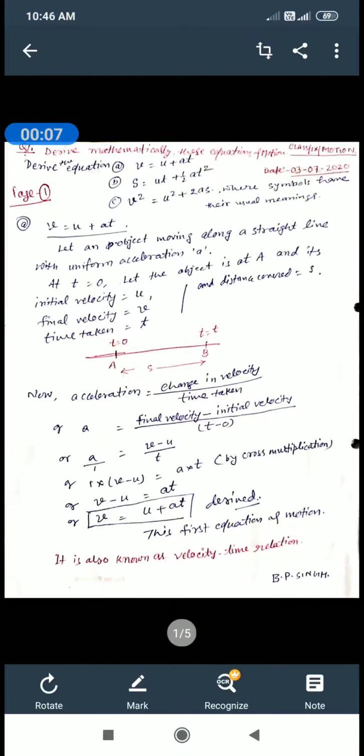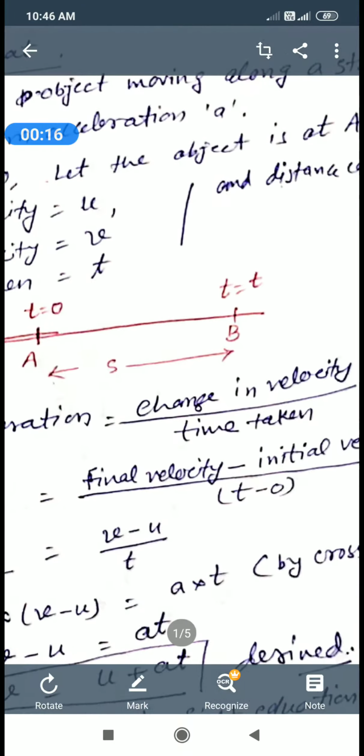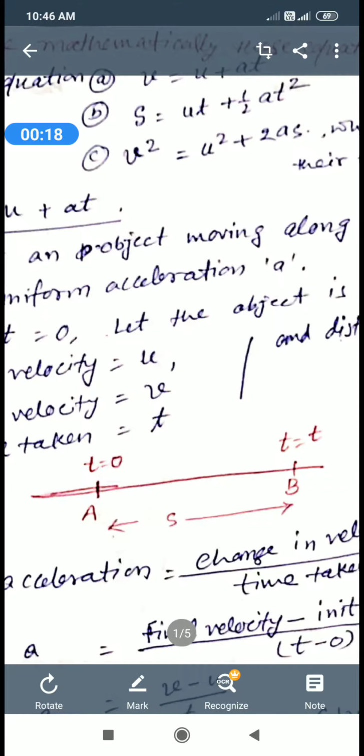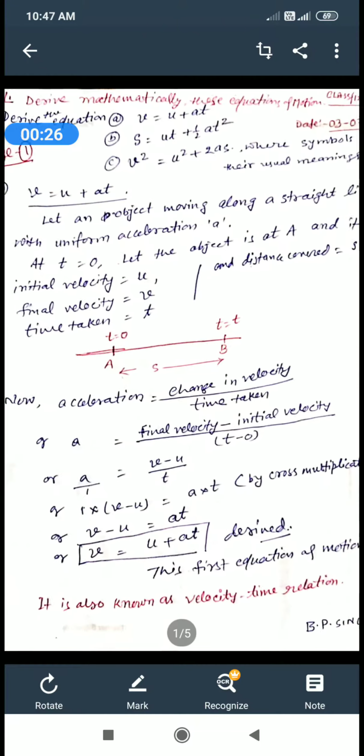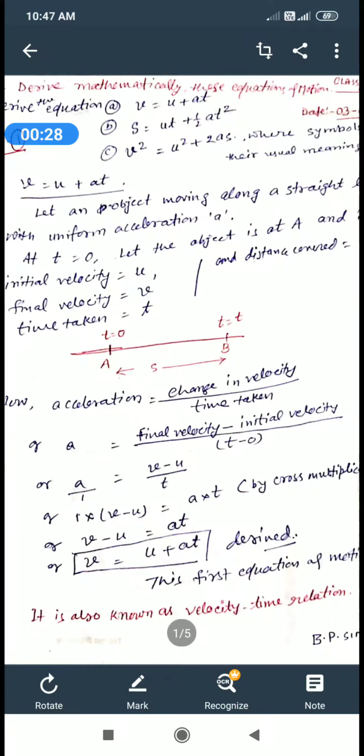Today I am discussing the derivation of motion. That is three equations. First is v is equal to u plus at. Second, s is equal to ut plus half at square.